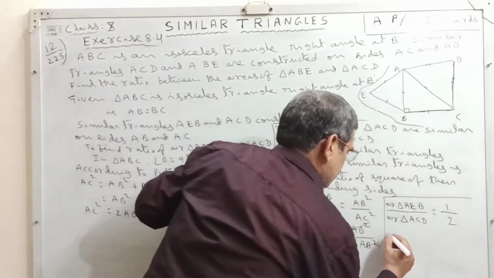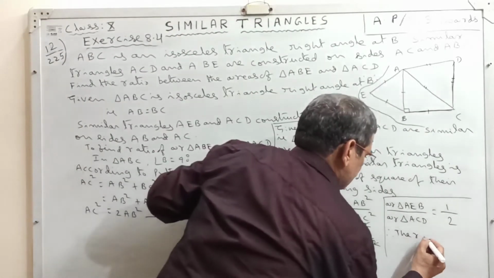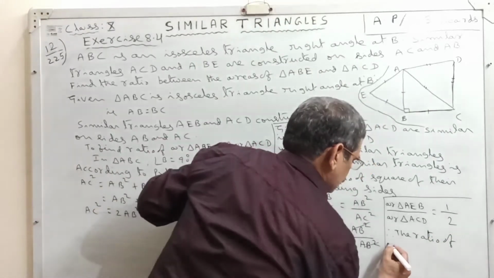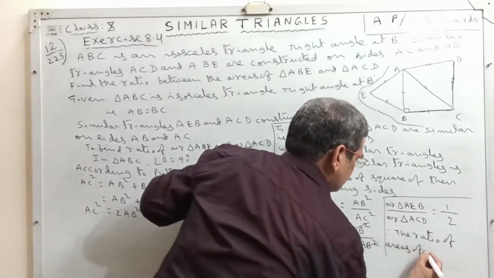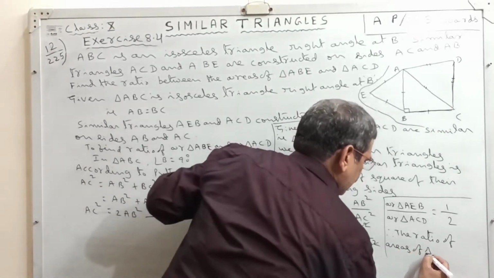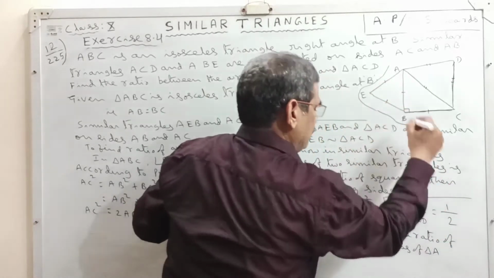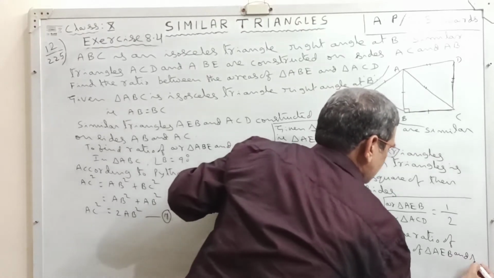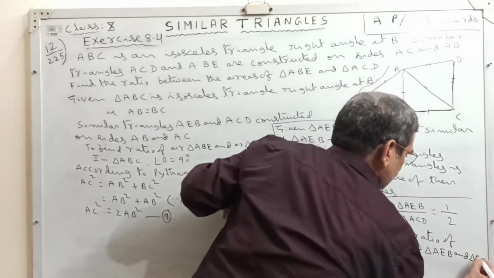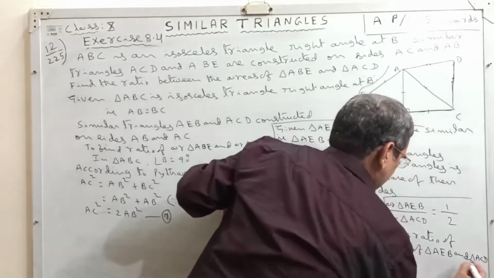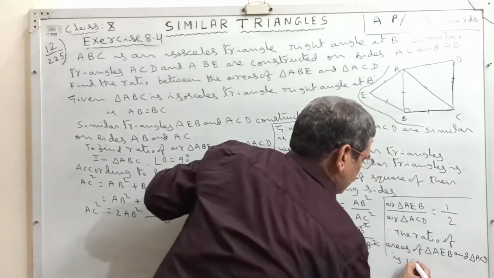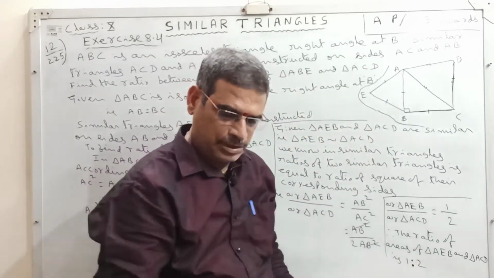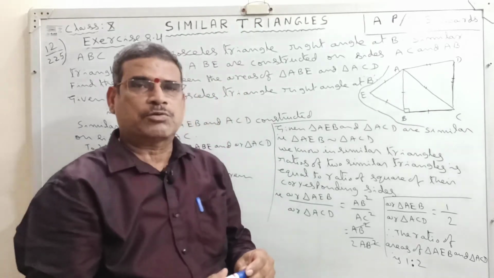Therefore the ratio of the areas of triangle AEB and triangle ACD is 1:2. So this is the solution for this 12th question.